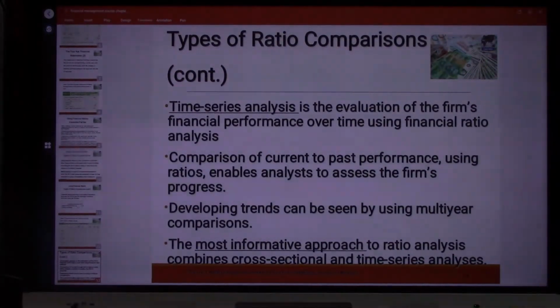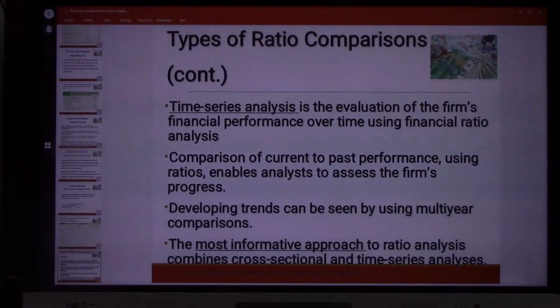Another type of using financial ratios, we could make a comparison through a time series. It's called time series analysis. Time series analysis means you are aiming to evaluate the firm's financial performance over time using financial ratio analysis. For example, if there is a firm, you could calculate a specific financial ratio over a period of time, for example, 5 years.